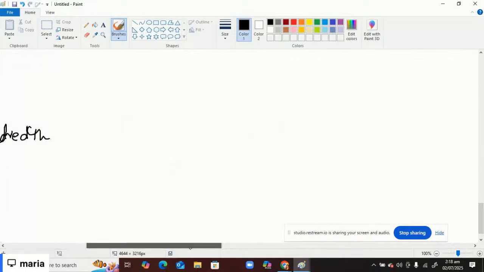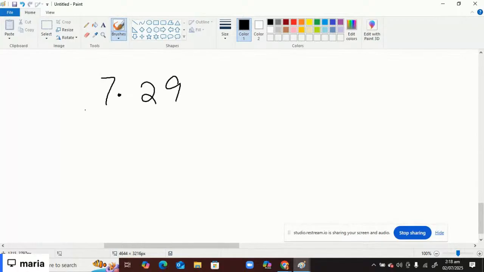If I write down 7.29, look at the 9. We always check this digit, because this is the tenth place digit and that is the hundredth. So 9 is greater than 5, so this 2 can be changed into 3 and the last digit is dropped.